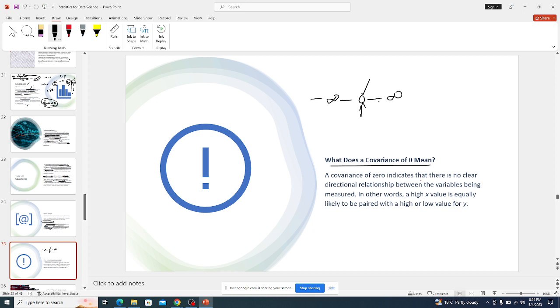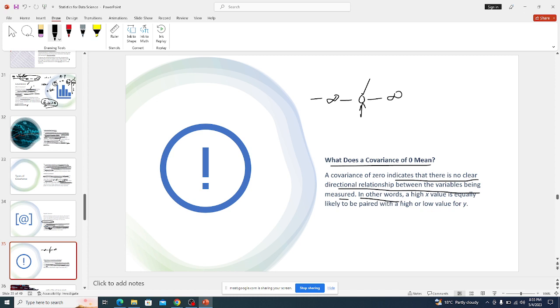You don't know which direction one variable is moving compared to the other. So a covariance of zero indicates that there is no clear directional relationship between the variables being measured.